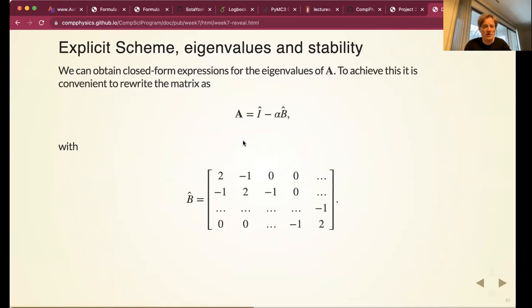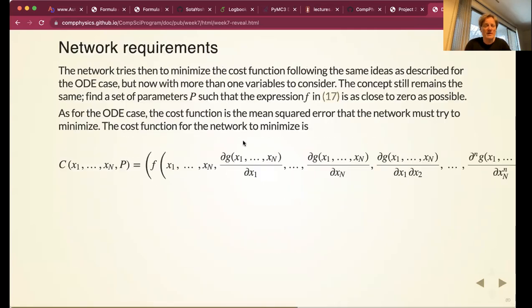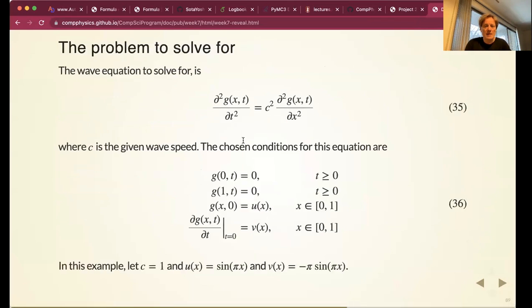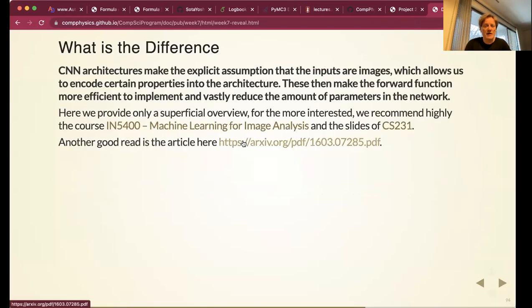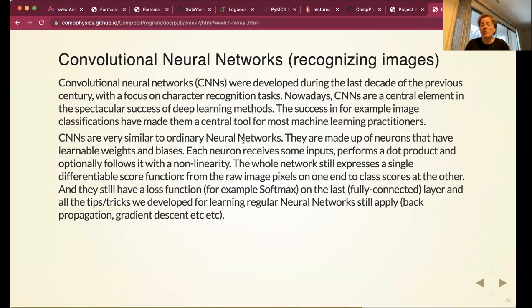I should actually have put up the right starting point here. There's a lot of material on differential equations, but I wanted to give you the overarching idea of convolutional neural networks first.